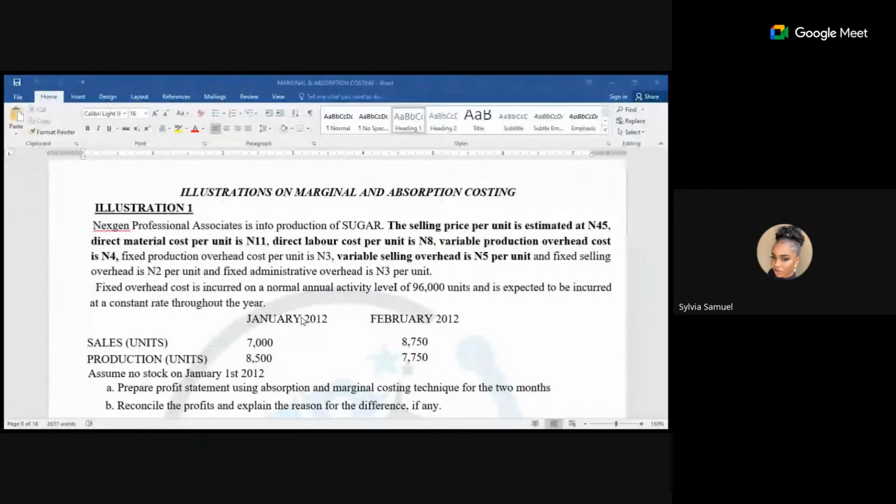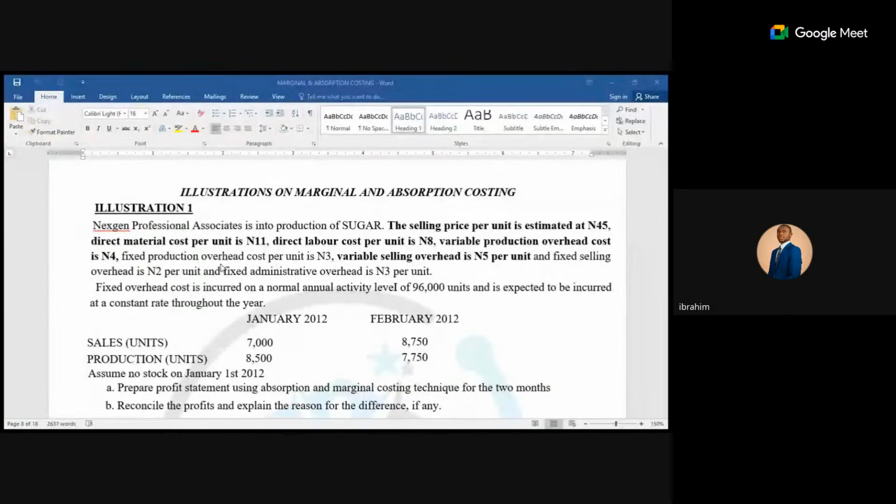But for absorption costing, we use the full costing method, and we talked about over and under absorption: when there's an over absorption, we add to the profit. I don't know if I'm correct, I was not paying full attention. Sorry. We add to the profit, and when there's an under absorption, we remove from the profit. Thank you so much.